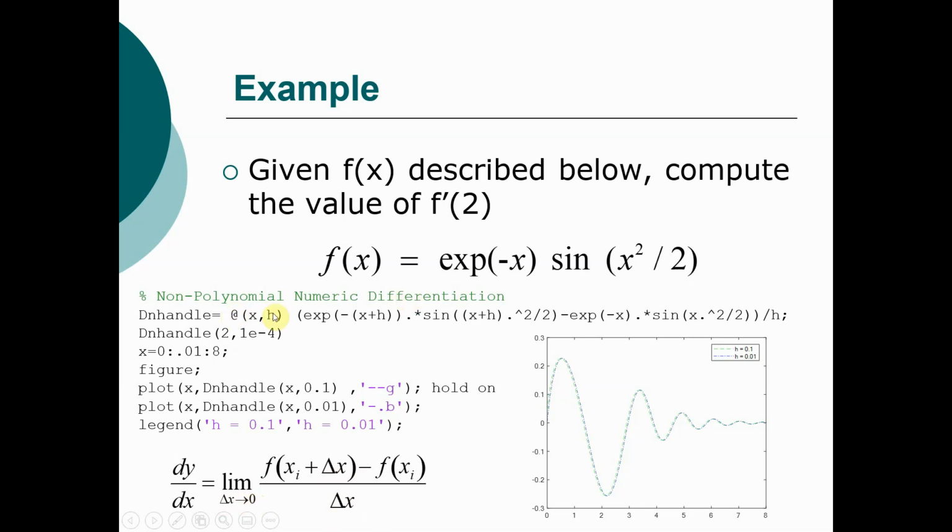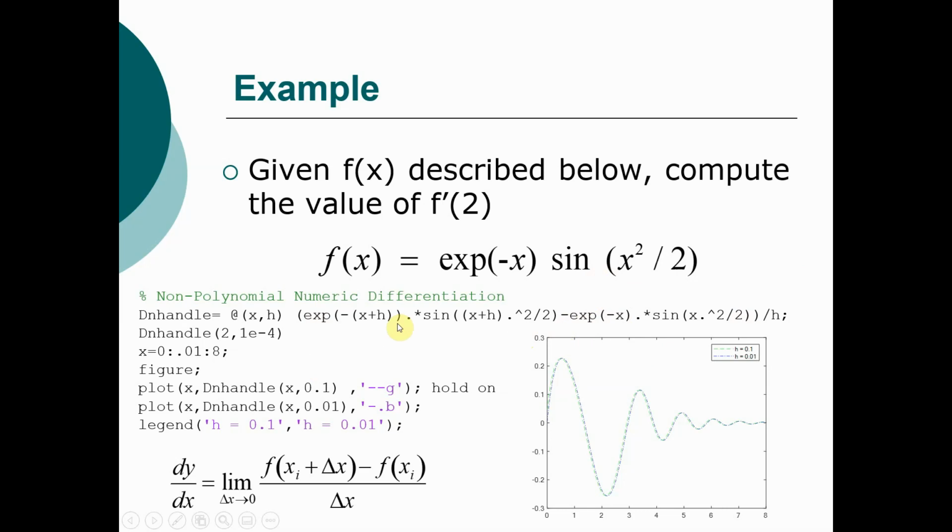So here we just write a two-variable function with respect to x and h. You see that this part is f of x plus h. You replace x with x plus h. And this one is f of x.